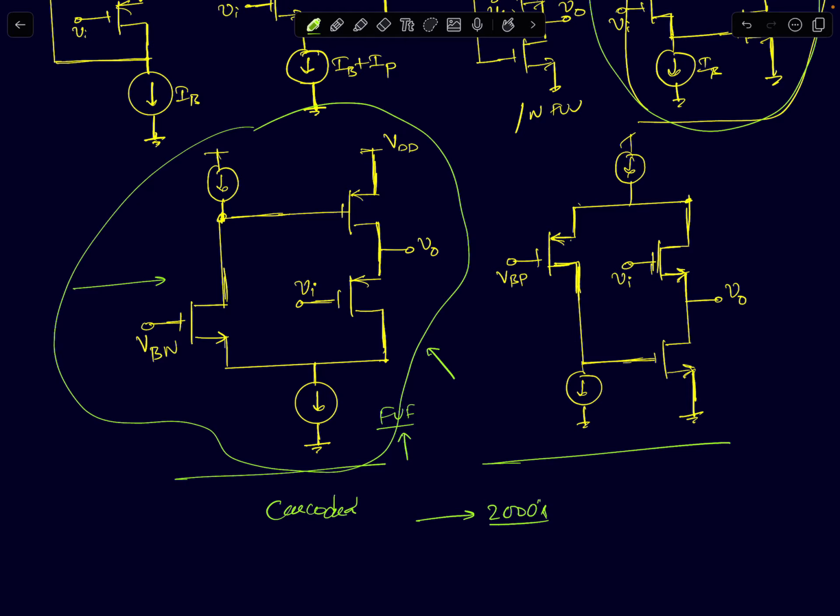And when you are achieving such high gains with multiple stages, then you naturally have to compensate them. So we had a host of compensation techniques called Miller, then Ahuja. These are old compensation techniques.